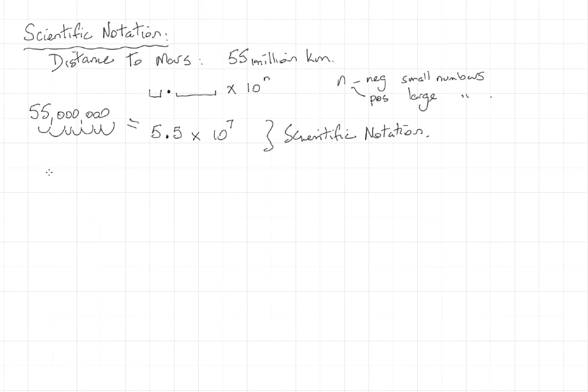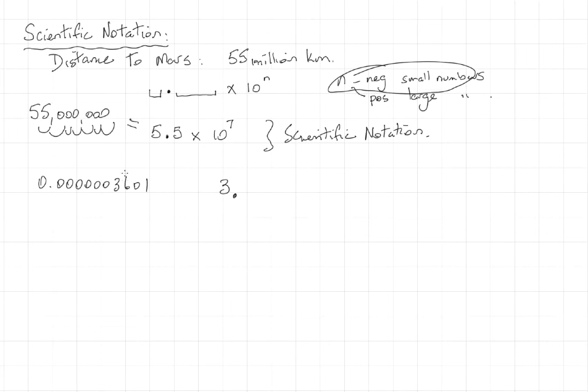So for very small numbers, if you had a number like 0.000003601 and you were asked to write that in scientific notation, when you scan through, we know because it is a small number that n is going to be negative. So we scan through until we get to the first digit, and it's a 3. We straight away put, there's only ever one digit on the left-hand side of the decimal in scientific notation.